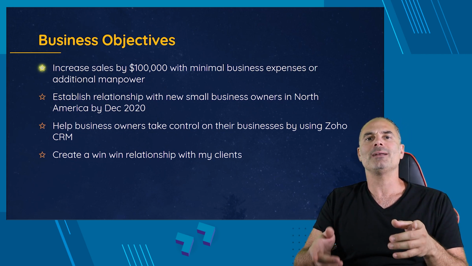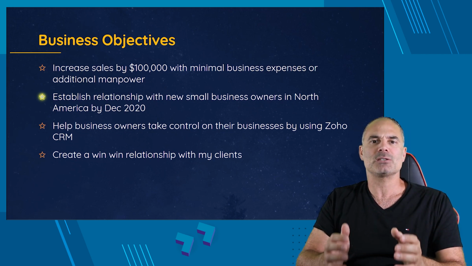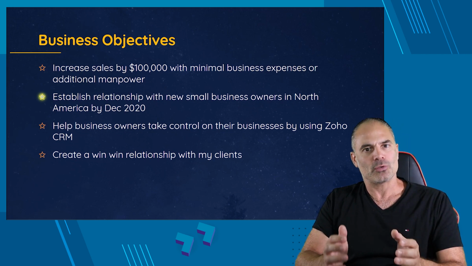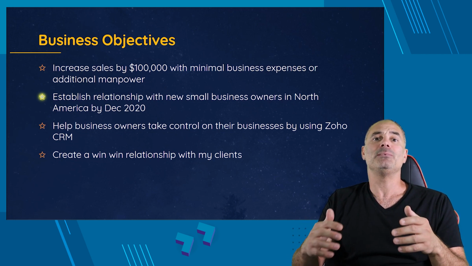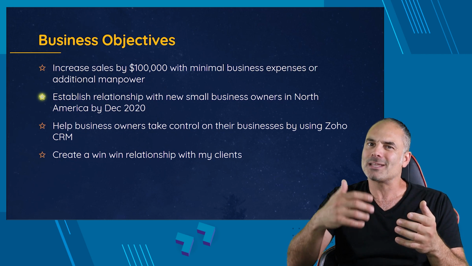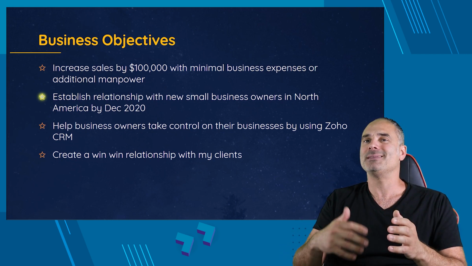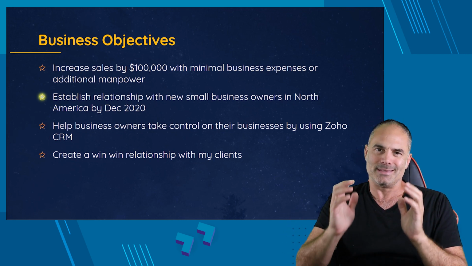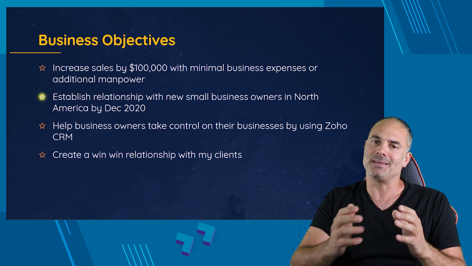But I also want to establish relationships with business owners across North America that later on I will be able to market them or direct market to them more services. So that will be the second dip, okay? The double dip is a must for me in any marketing campaign.